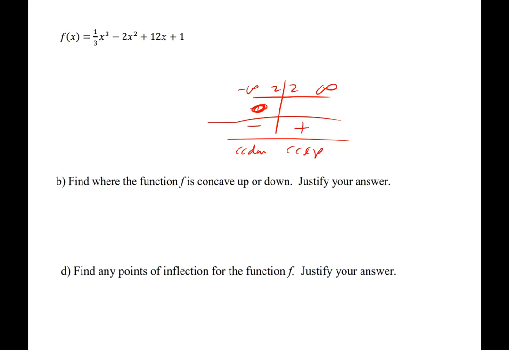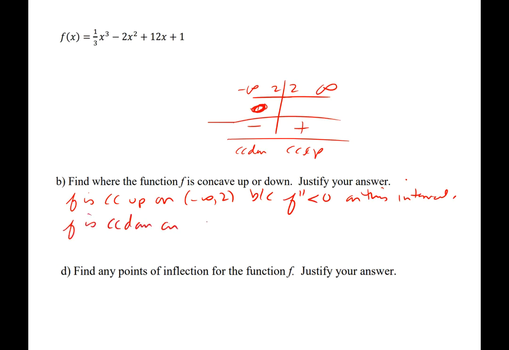Okay. So f is concave up on negative infinity to 2 because f double prime is less than 0 on this interval. F is concave down on 2 to infinity because f double prime is greater than 0 on this interval.